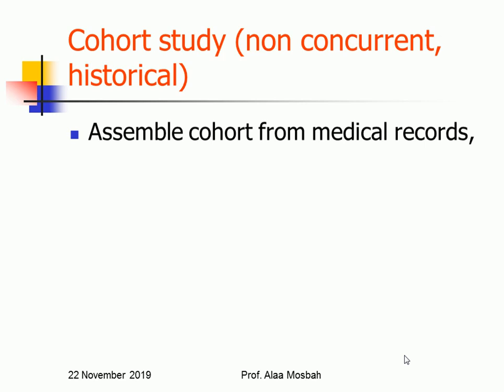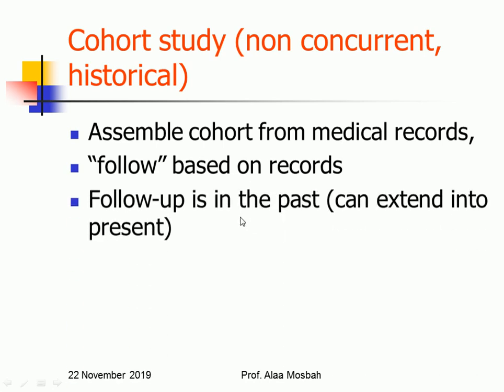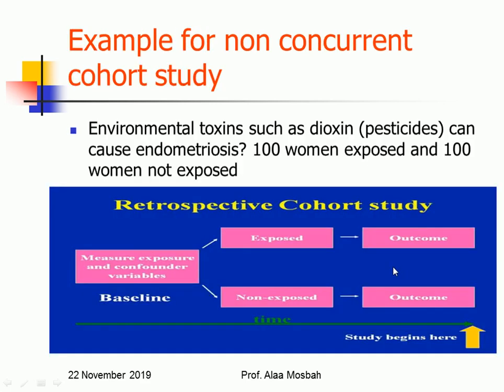But for sure, the accurate name is cohort, non-concurrent, or historic. A simple cohort from medical records, follow-up based on records. Follow-up is in the past, can extend into the present, and we will mention how by this example.